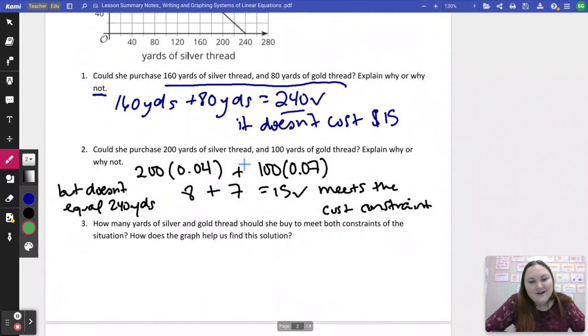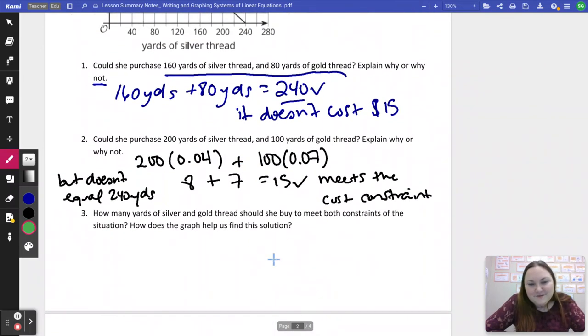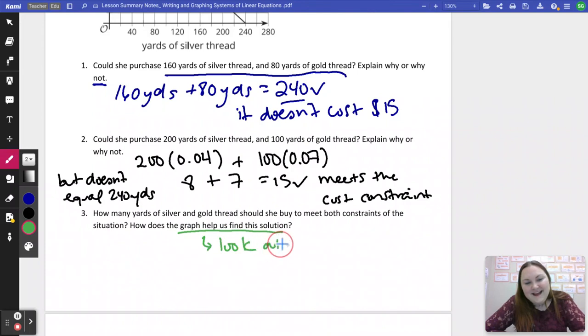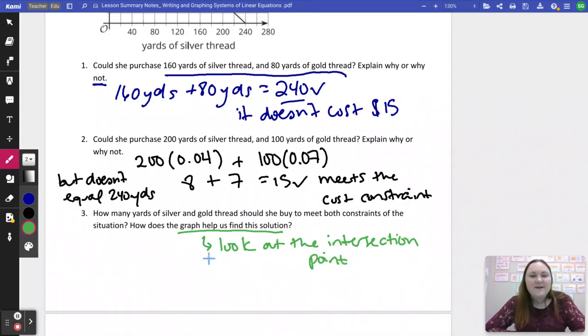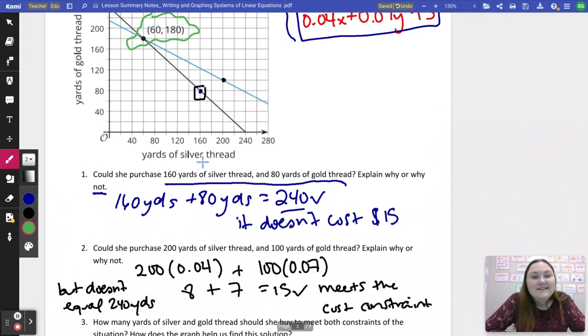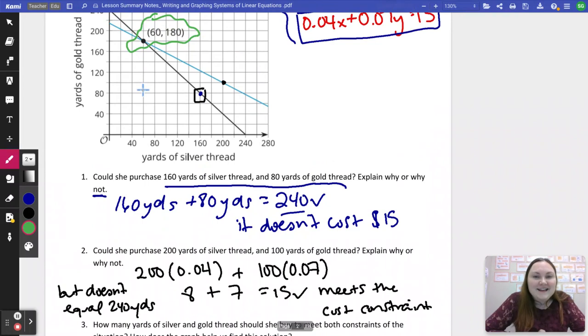So when we consider that question, how many yards of silver and gold thread should she buy to meet both constraints of the situation? And how does that graph help us find the solution? The graph helps us find the solution when we look at the intersection point. That's going to be the key when you talk about solving systems by graphing: we graph both of the lines so we can find that intersection point, because that is that magical combination of numbers that meets both of these constraints.